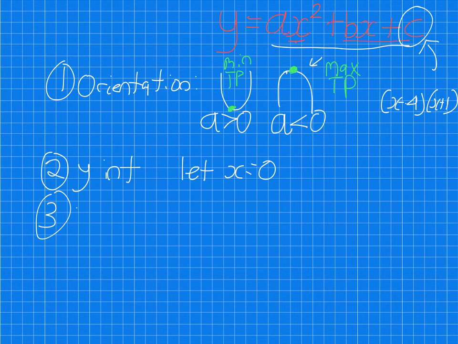The third thing I want you to find is the x-intercepts. Now that's why we did all this practice of solving quadratics, because when you are graphing a parabola, the x-intercepts are the x values when y is 0. And so you have to solve a quadratic. Sometimes it'll be easy, sometimes it will be hard. Now there could be 0, 1, or 2 x-intercepts, depending on the actual curve that you had.